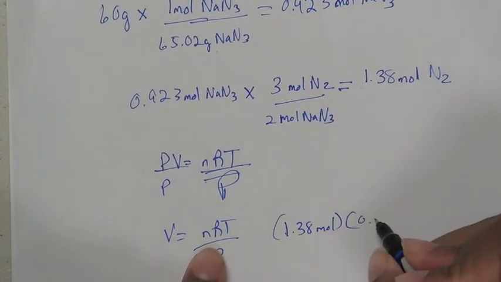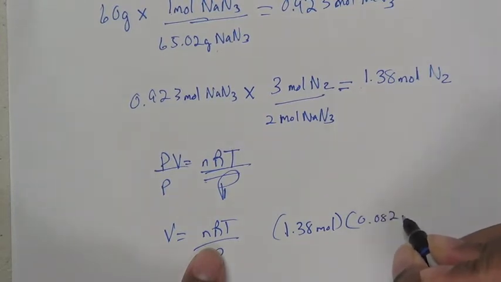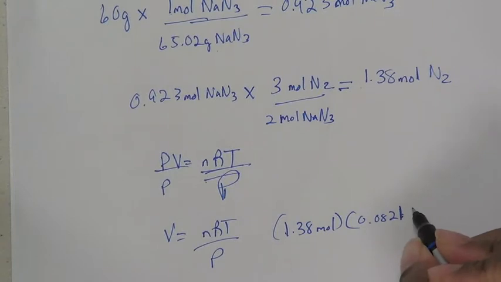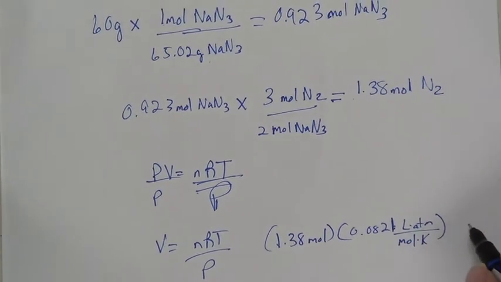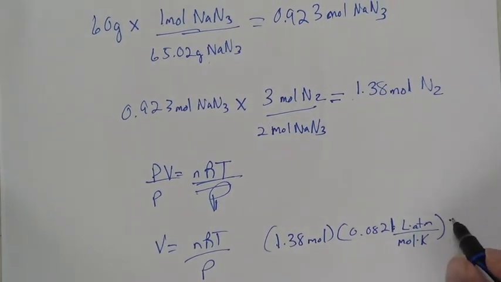And R is 0.0821 liter atmosphere per mole Kelvin, the gas constant, times 273 plus 80 degrees Celsius.